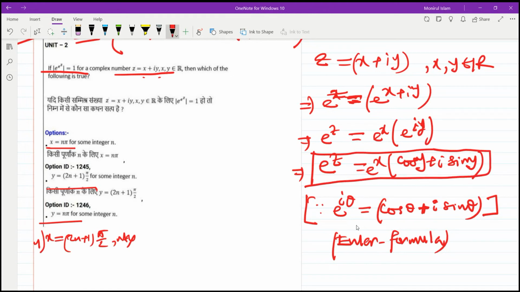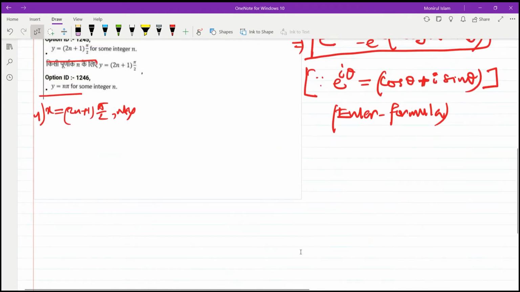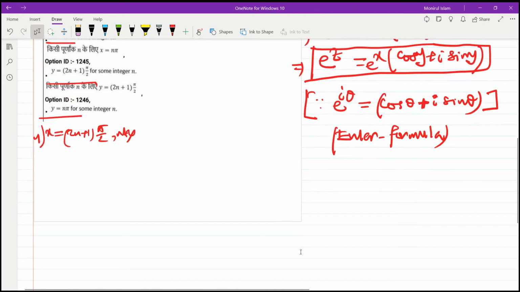Now we have to evaluate e to the power z. So now tell me what will this be? e^z will be e^(x cos y plus i sin y).